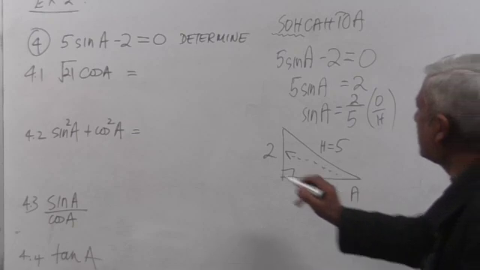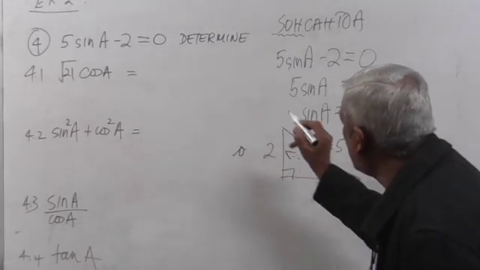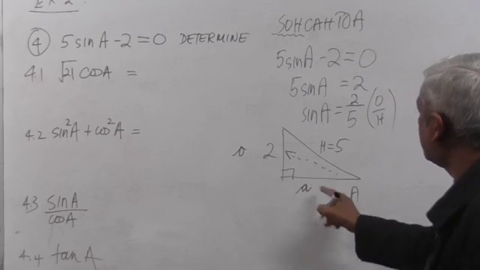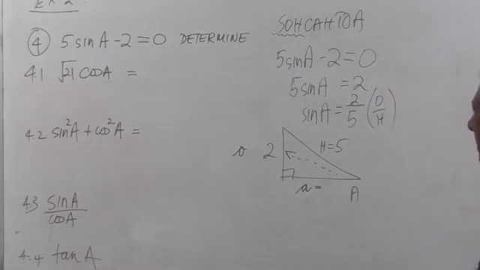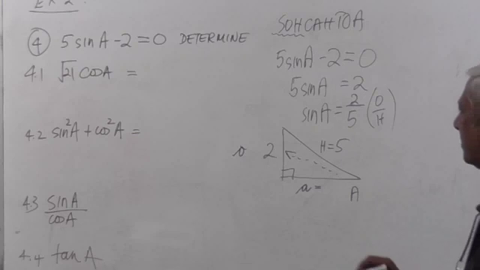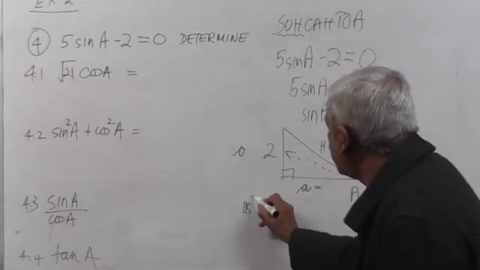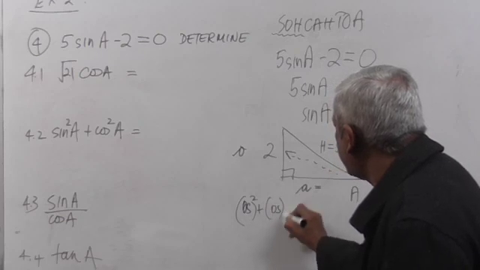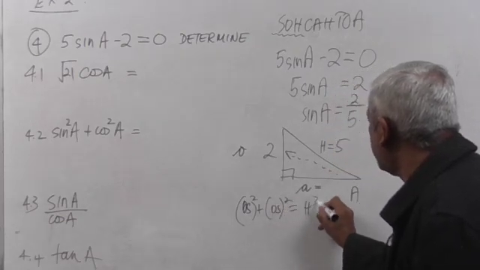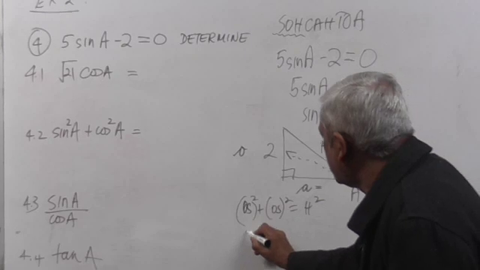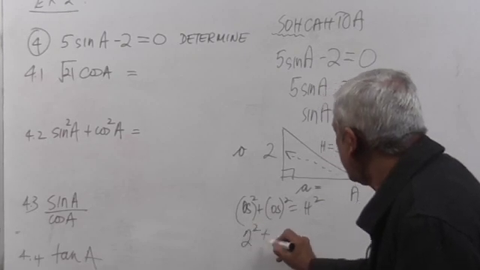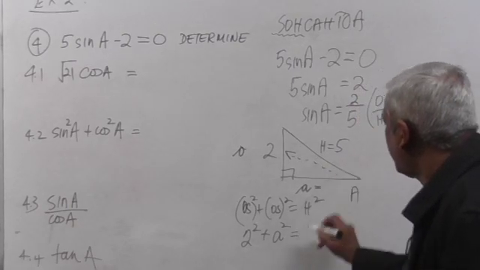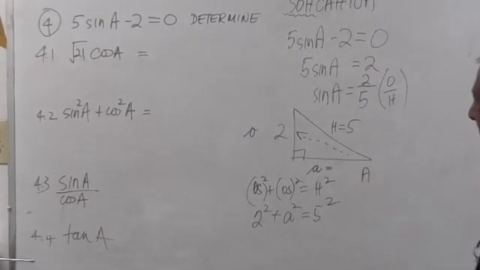Once again we find that's the opposite side. So I'm just going to write O like that, opposite. And this is the adjacent side. The adjacent side is missing. So we have to calculate it. So you're going to say other side squared plus other side squared is equal to hypotenuse squared. The other side squared is 2 squared plus A squared is equal to 5 squared.